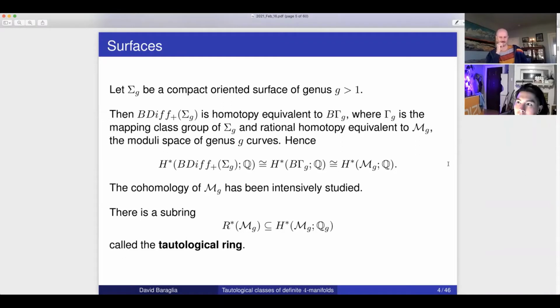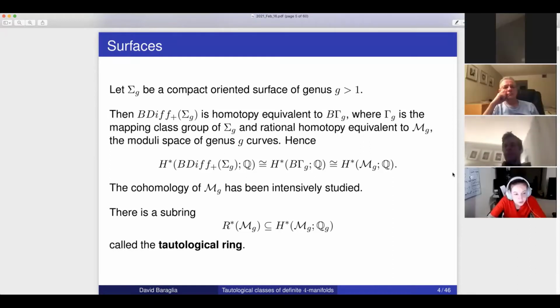All right, the first place to start would be if our fiber is a compact oriented surface. Well, I suppose you could start with one-dimensional fibers, which would just be circle bundles, which is pretty straightforward. So move up to the next dimension, which is surfaces, and here we actually know a lot about BDiff. BDiff is homotopy equivalent to the classifying space of the mapping class group, BΓ_g, and it's rationally homotopy equivalent to the moduli space M_g of curves.